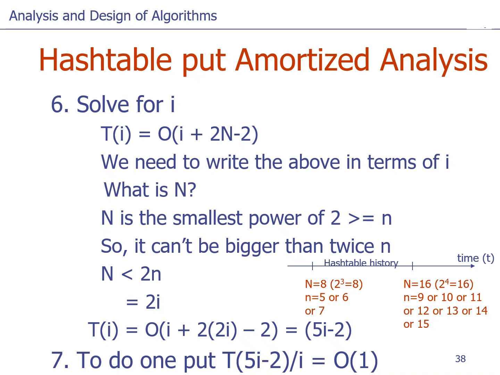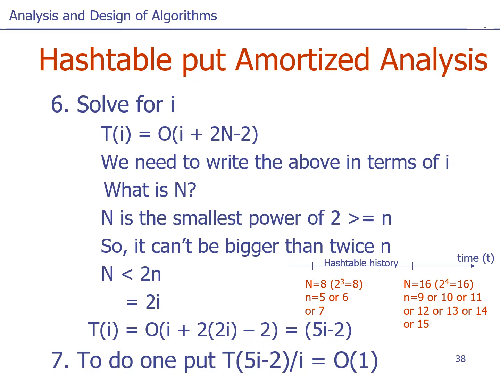So I will replace big N with 2n, and then with 2i. So it becomes I plus 2i minus 2, which is 5i minus 2.